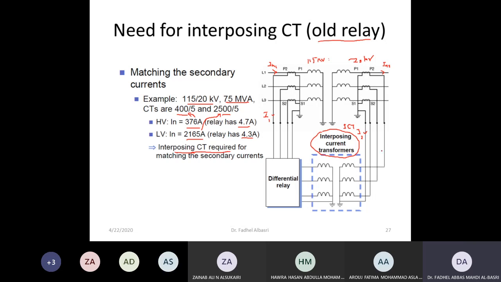This value that goes here is, let's say, 4.3, and this value is 4.7. I would like to make the 4.3 the same as 4.7 by choosing a proper ratio here, and make this 4.7, so the differential current becomes almost zero.